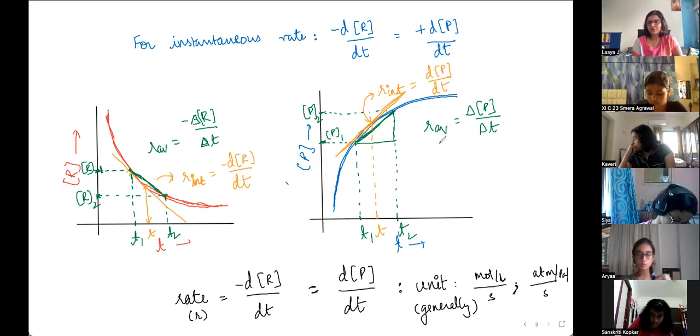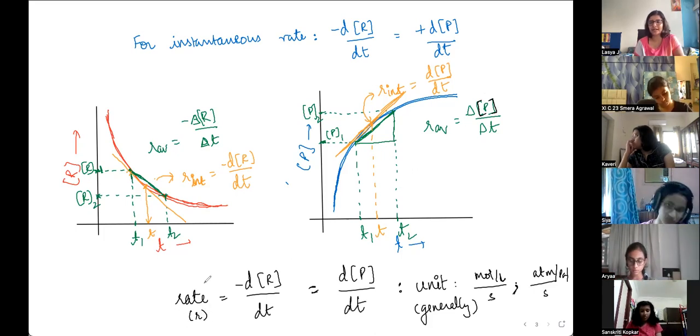So if you're referring to reactants or products, it's always capital R, capital P, and always use these square brackets to show the concentration. So small r represents the rate, R average, R instantaneous.